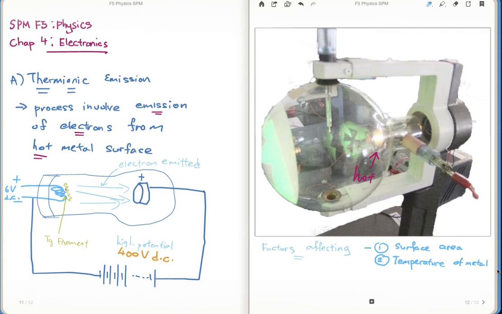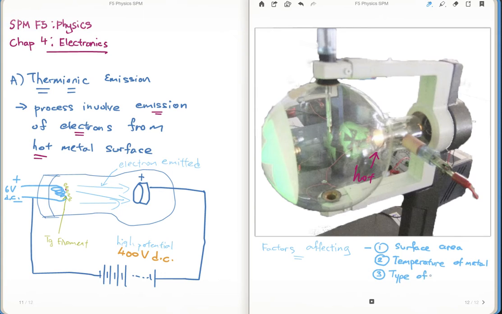If you do it in a very hot environment, more electrons have sufficient energy to be released from the surface, readily available, so they can be accelerated easily. So that is the temperature of the metal. Then third, the type of metal.